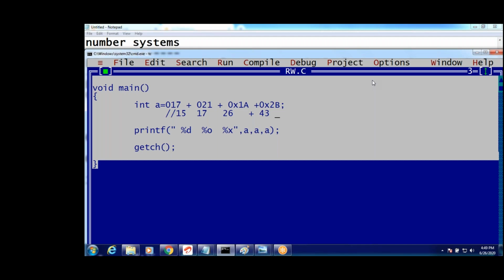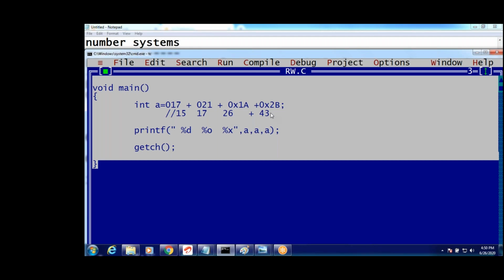Some are saying 104, but the total answer is 101. You are displaying it in three formats. The decimal is 101.